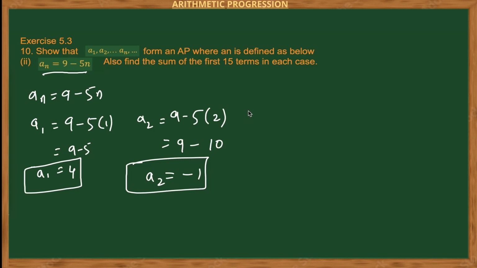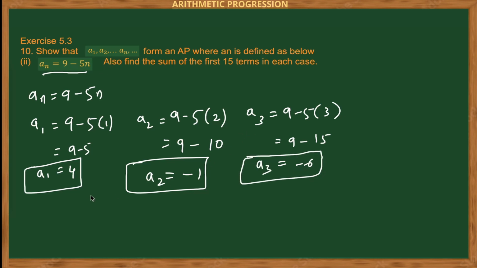Okay, so let's find the third term. a3 is equal to 9 minus 5 into 3, replacing n with 3. 5 3s are 15, 9 minus 15 is minus 6, a3. So the sequence is something like this: 4, minus 1, minus 6, and it continues.